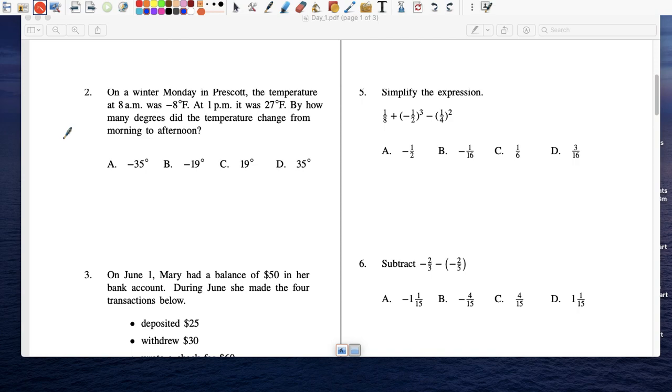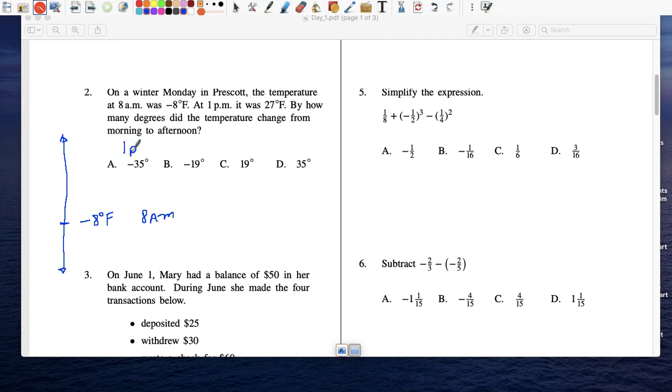So I think with all these questions, temperature, depth, it's nice if you draw something out. So the temperature was negative 8 degrees Fahrenheit at 8 a.m. At 1 p.m., it was 27 degrees Fahrenheit. So temperature definitely went up.